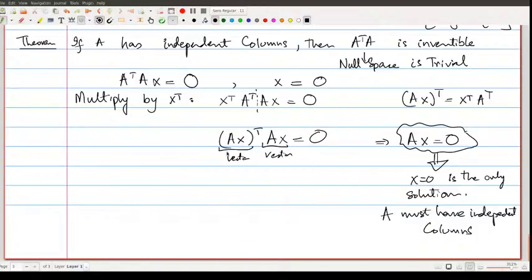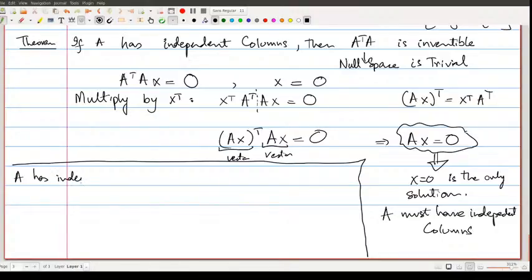So we've worked sort of backwards in this proof, and now we can work this reasoning out forward, which is that when A has independent columns, so I'm now working in the right direction that I should have been in the first place.